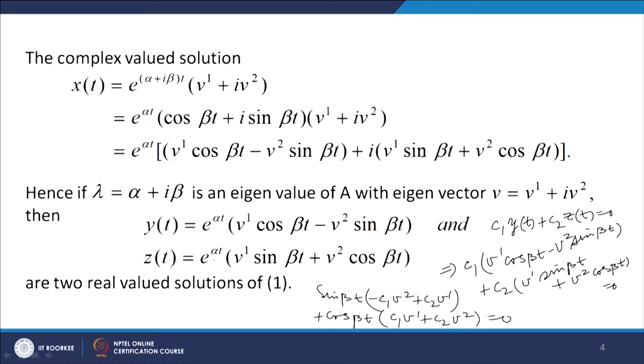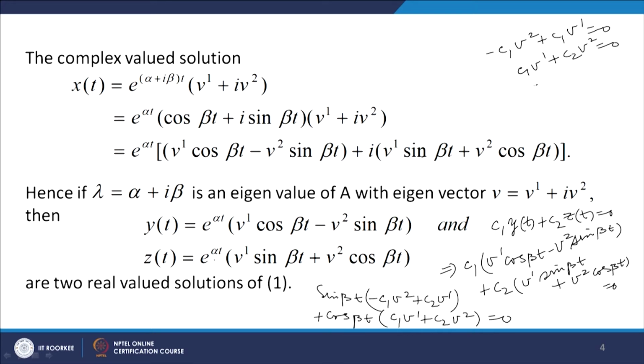Now, we know that sin beta t and cos beta t are linearly independent, therefore, their coefficients must be 0. So, minus C1 b2 plus C2 b1 equal to 0, and we have C1 b1 plus C2 b2 equal to 0.